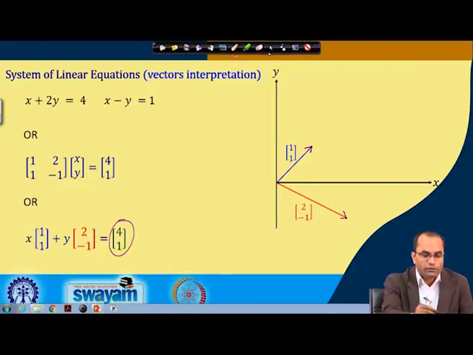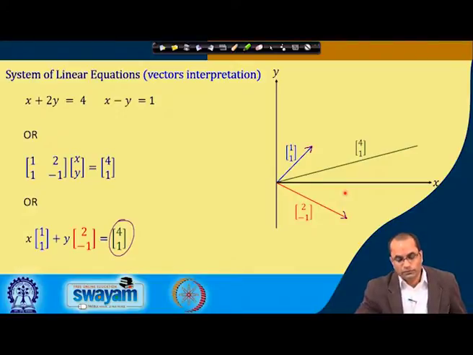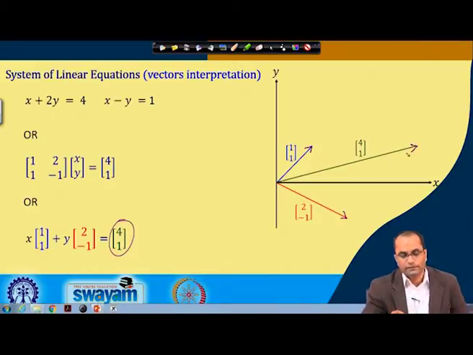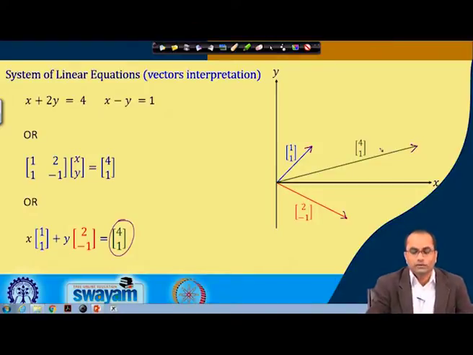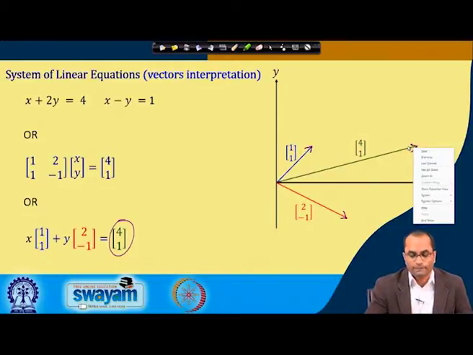So, let us plot that too. That will be 4 1. So, we have these 3 vectors: one is 1 1, then 2 minus 1, and then we have this 4 1. Now, we will look for the possibility of a combination of these two vectors to get the third vector, this 4 and 1.